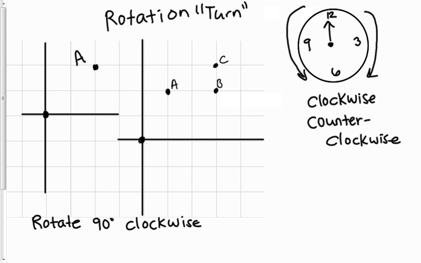So let's say that we want to rotate our hand here that's pointing towards 12 o'clock. We want to rotate it clockwise 90 degrees. So that means our new hand will be pointing towards the 3 o'clock. And let's say we want to rotate the 12 o'clock hand to the 6 o'clock.